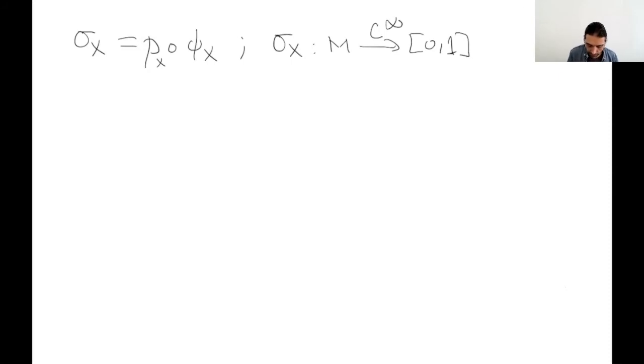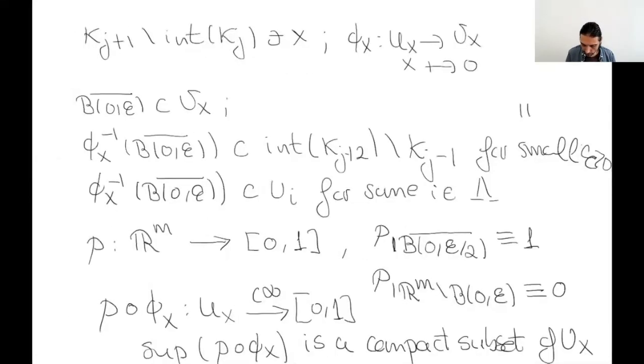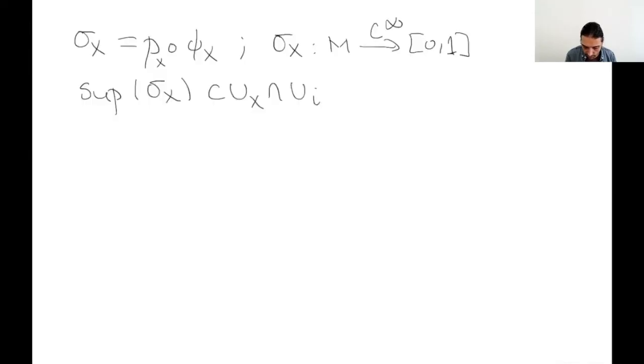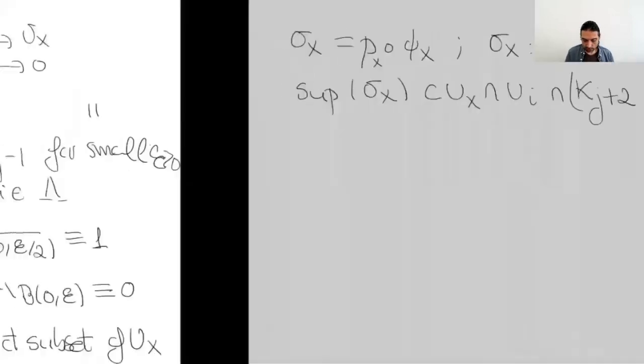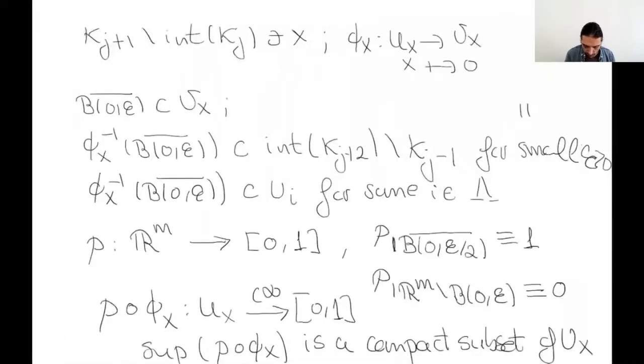And it satisfies, as we said, that the support of sigma sub x is contained in U_x, but it is also contained in U_i, so that's very good for us. And indeed, the support is also contained in the interior of K_{j+2} minus K_{j-1}, because of this property over here.